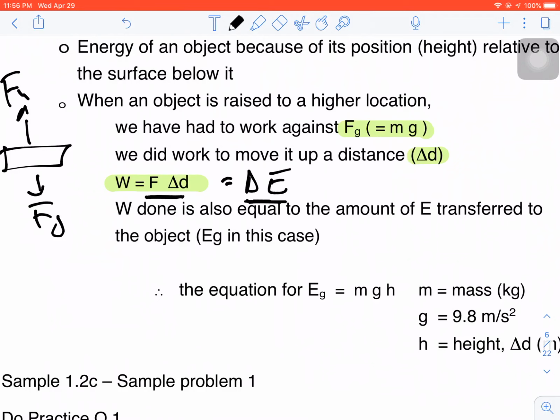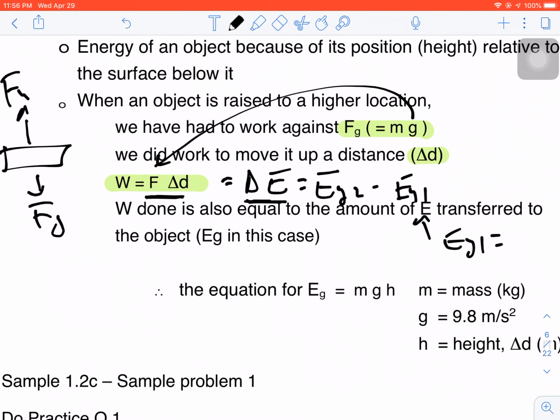Remember, F is mass times 9.8. So delta E, which is Eg final minus Eg initial, but when it was on the floor, Eg1 is equal to 0 because it's sitting on the floor, means this whole thing disappears.